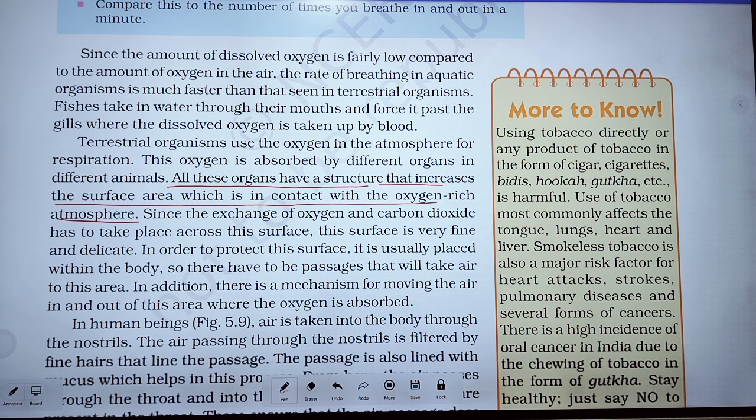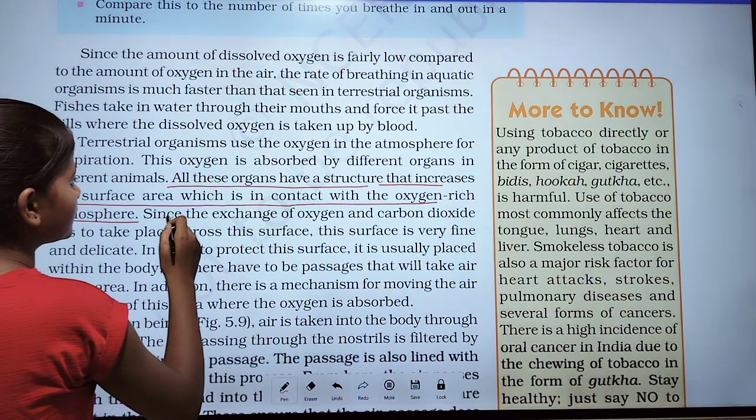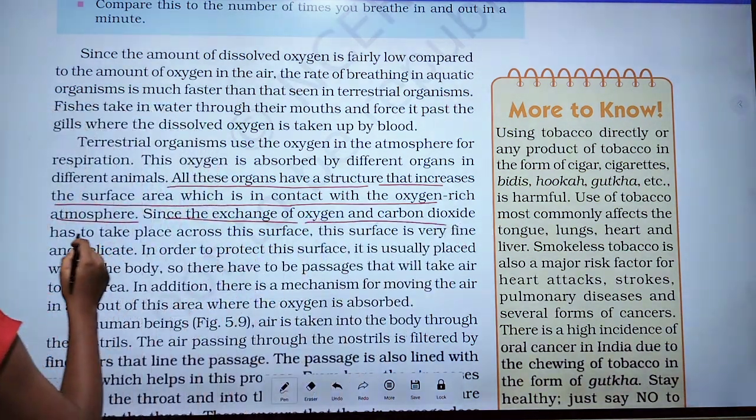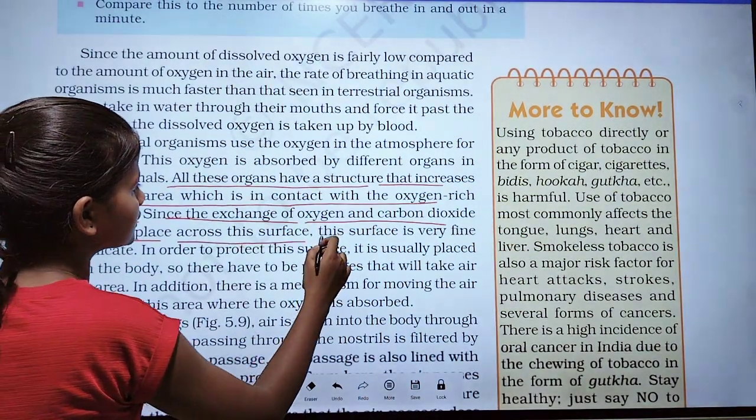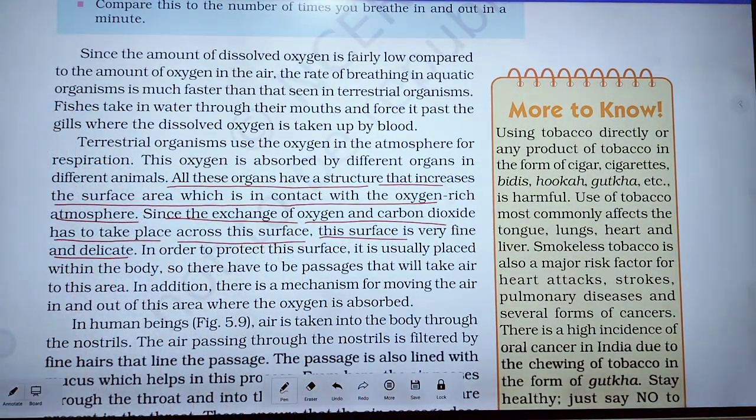Since the exchange of oxygen and carbon dioxide has to take place across this surface, this surface is very fine and delicate.